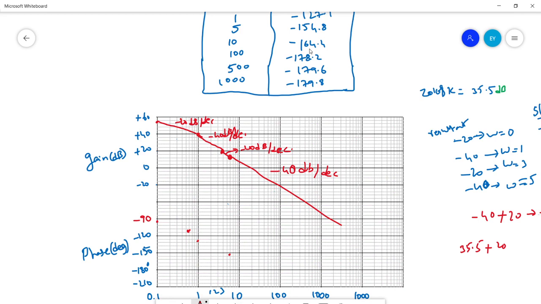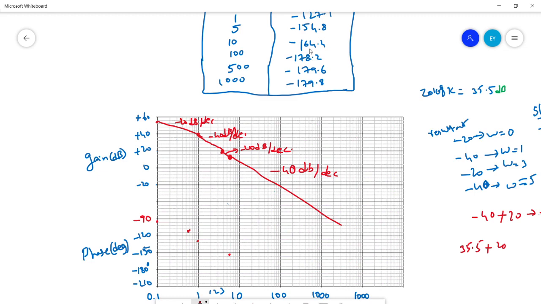Then at 100, minus 178.2. At 500, minus 179.6. At 1000, it's nearing minus 180 degrees. Right? Join all the points, which gives the resultant phase plot.